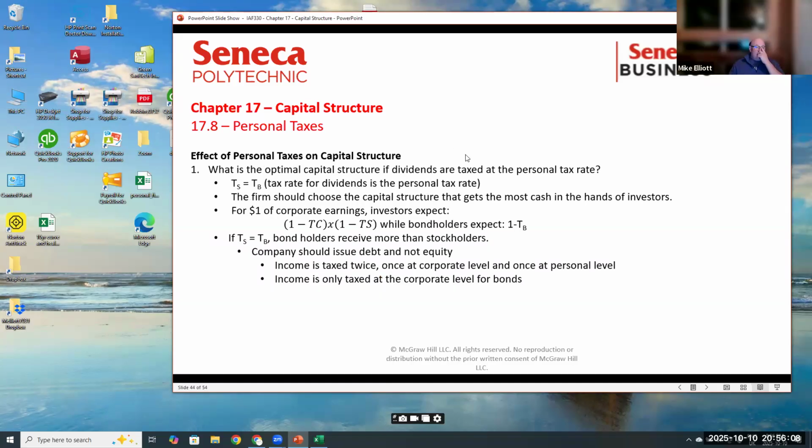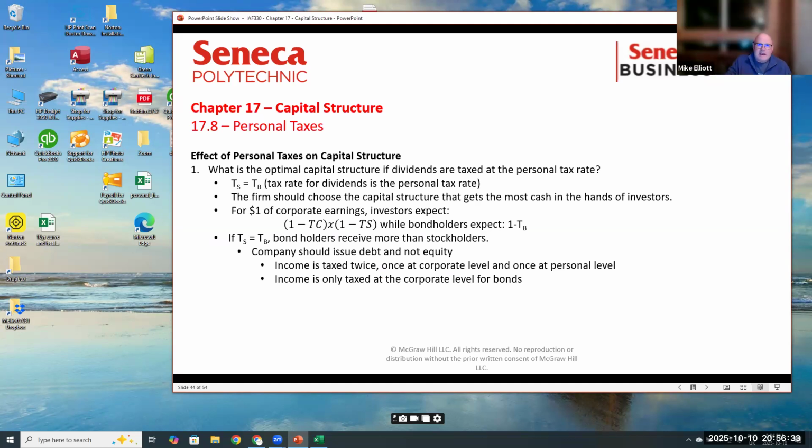Those are the effects of tax on the capital structure. First, if dividends are taxed at a personal rate, personal tax rates are equivalent to bond rates in this case.